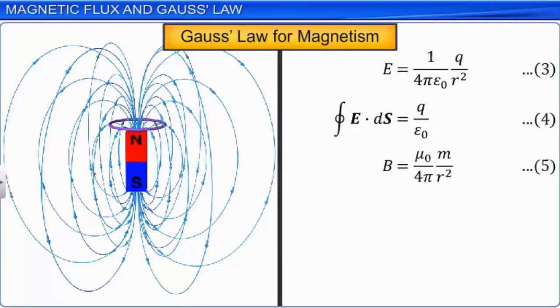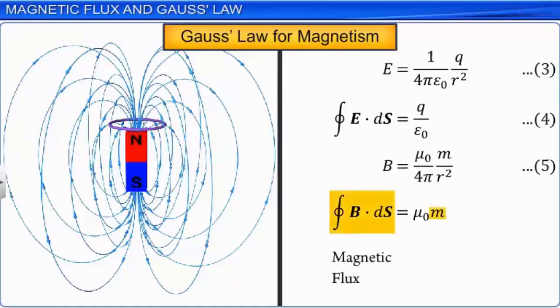By observing the Gauss law for electrostatics, we can write Gauss law for magnetism as integral over a closed surface B dot ds is equal to mu naught times the net pole strength enclosed by the closed surface. Here, integral over the closed surface B dot ds is the magnetic flux, and m is the total pole strength enclosed by the closed surface.